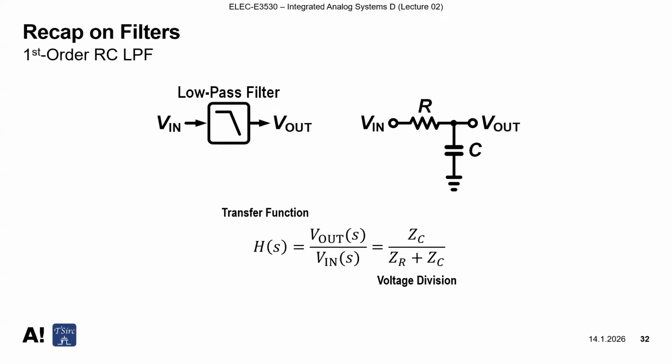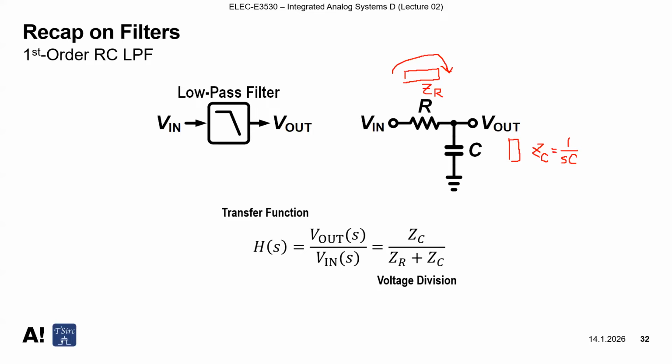We can easily derive this transfer function using the voltage division principle. The resistor's impedance is R. For the capacitor's impedance, it becomes 1 over SC, remember?